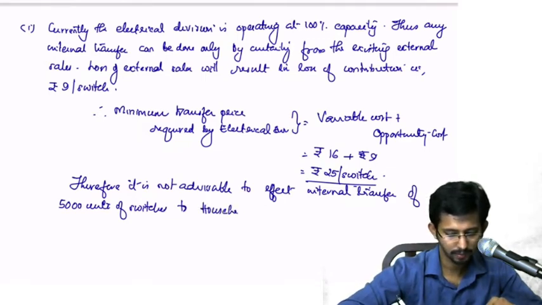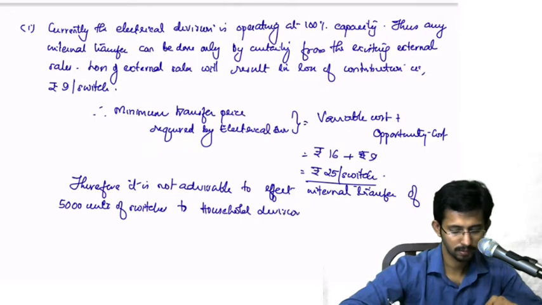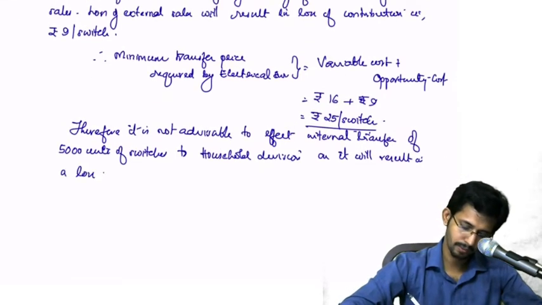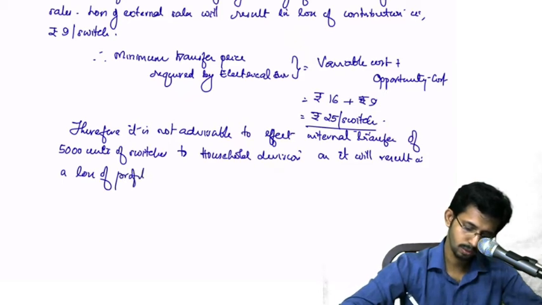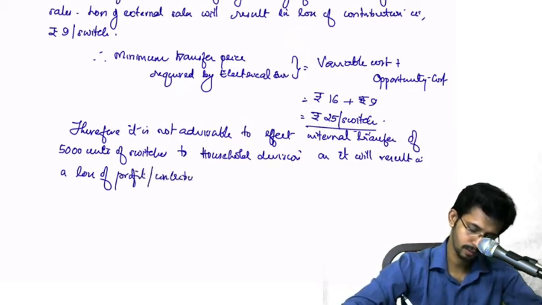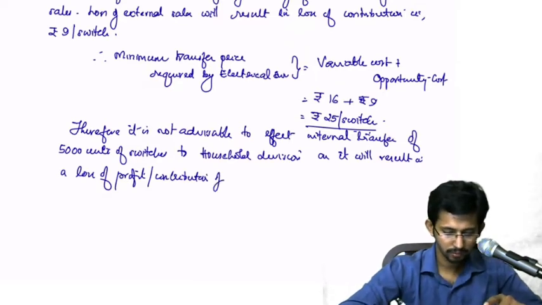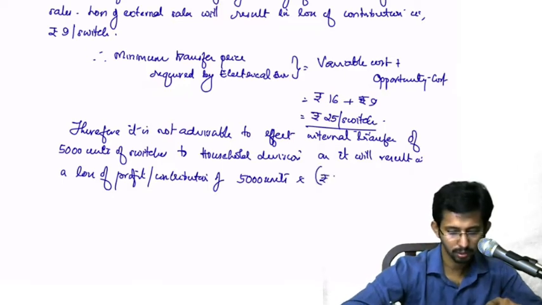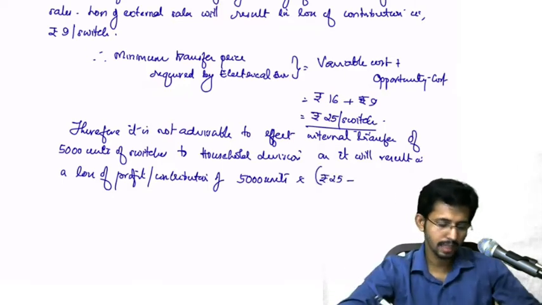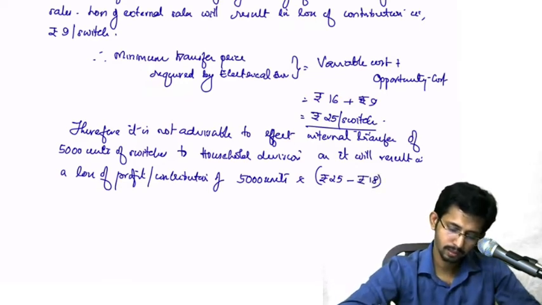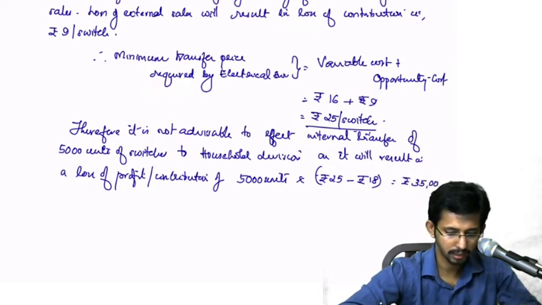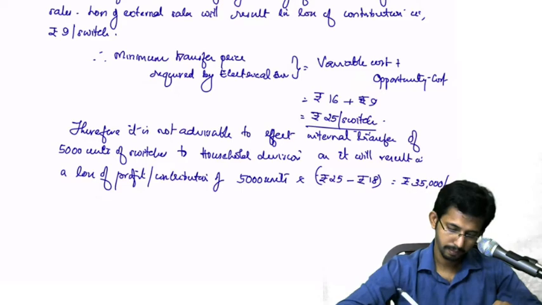Household division, as it will result in a loss of profit or contribution of 5000 units into rupees 25 is the minimum, and what is the price they have quoted? Rupees 18. Okay, so 7 into 5000 will be rupees 35,000. So it is not advisable.